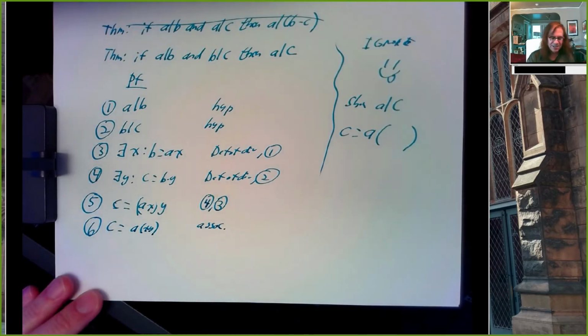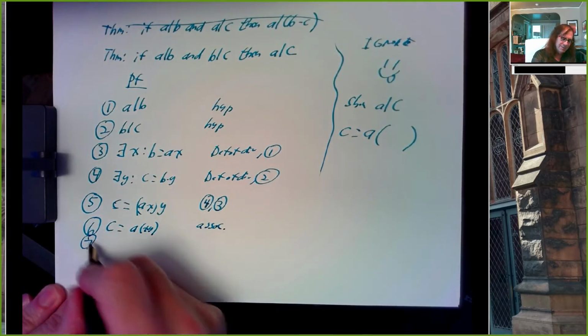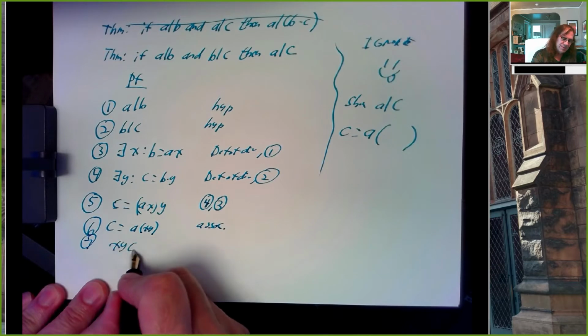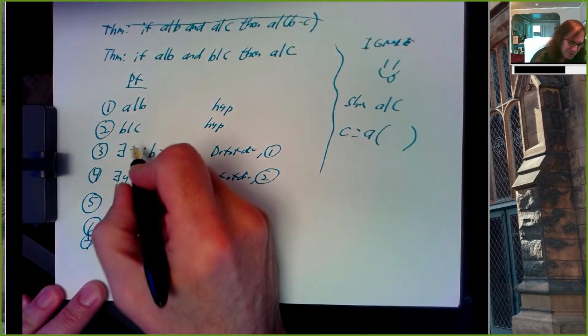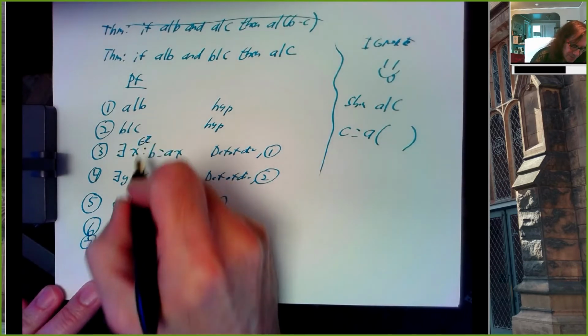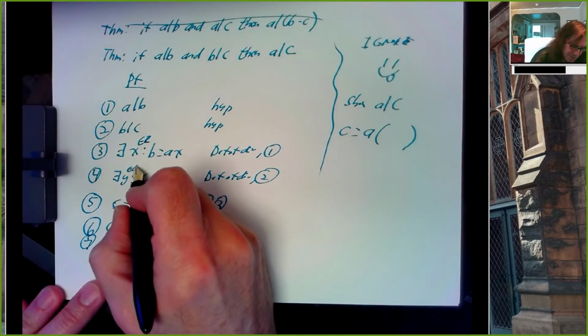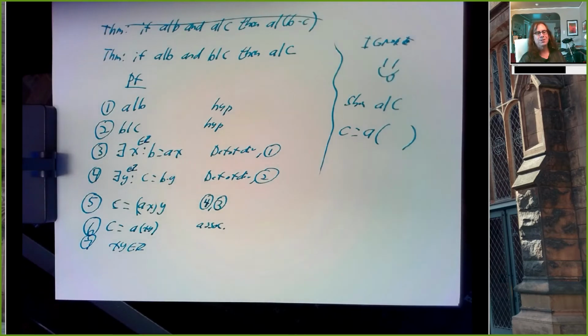So C equals A times the quantity X times Y, which is associativity. X times Y is an integer. So up here I should have said these are contained in Z. Otherwise it's not really the definition of divisibility.